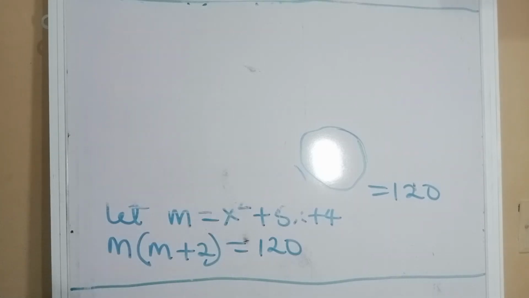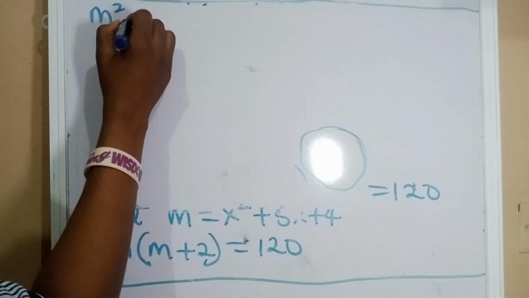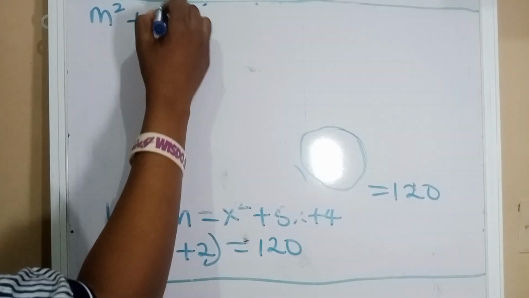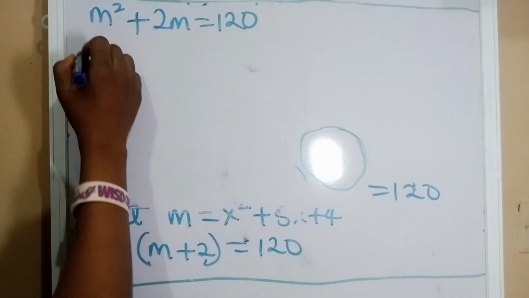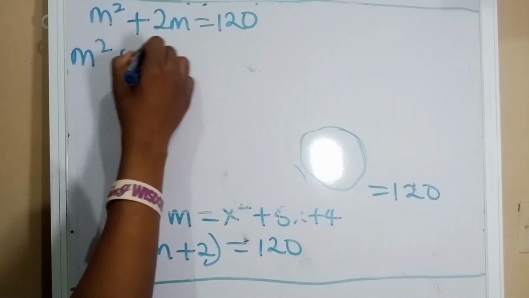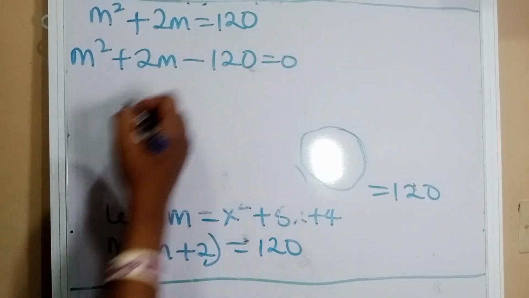So, next thing we do is to open the bracket. We have m squared plus 2m equal to 120. Remove this one here. We have m squared plus 2m minus 120 equal to 0.